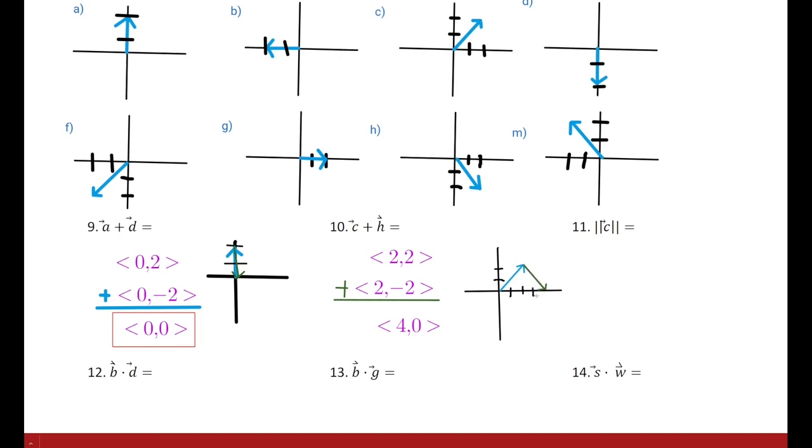So I need to put a couple extra dashes here. But notice how I end up at 4, 0, which is what we ended up with. So here we can actually see the resultant vector. We couldn't over here because we ended up getting the 0 vector. But here we can see the resultant is right here.